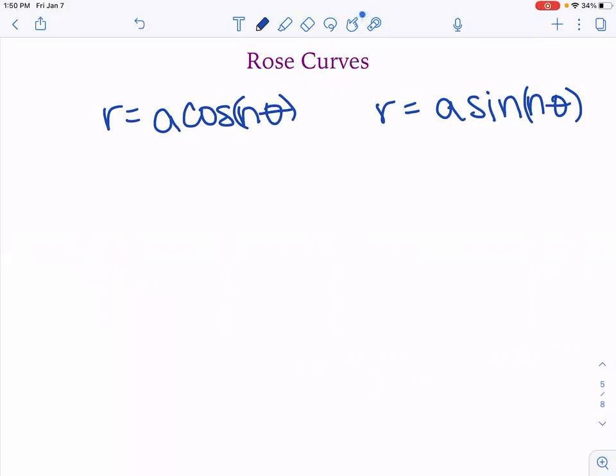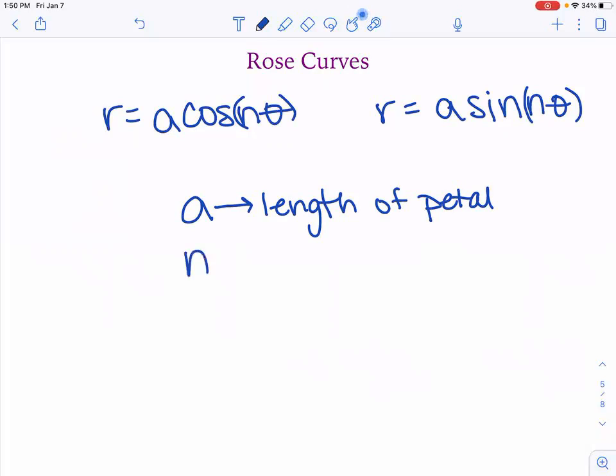These are the ones that look like flowers. What is a giving us? a is the length of our petals. What does n represent? Number of petals.